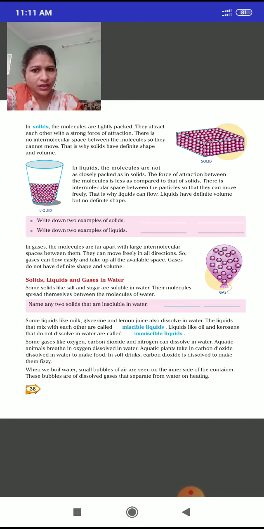Aquatic animals breathe in oxygen dissolved in water, and aquatic plants take in carbon dioxide dissolved in water. The plants take the same carbon dioxide which is released by the aquatic animals. So that exchange of gases is happening there.